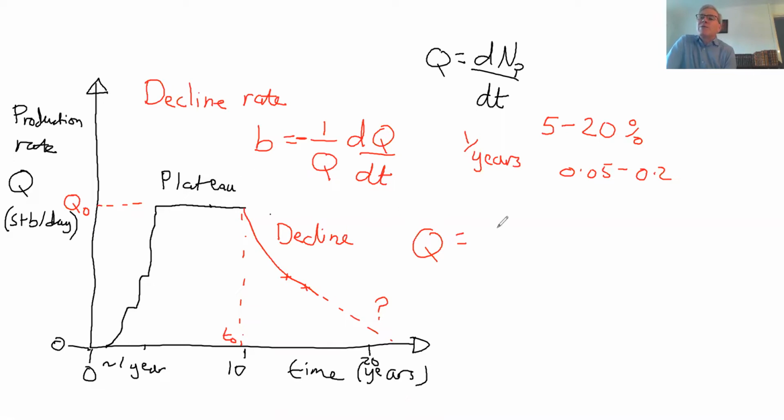But when it's on the decline, so in this red area, Q is Q0 e to the minus D (t minus t0). And really, if you're struggling with that step, you need to be able to read mathematics, okay? So if 1 over Q dQ/dt is proportional to D, it's exponential, okay? Or if dy/dx is proportional to y, it's exponential, okay? You should be able to just see exponential rate. So it's an exponential decline.